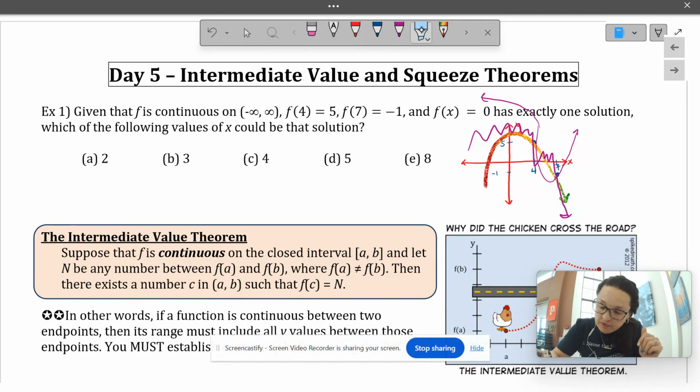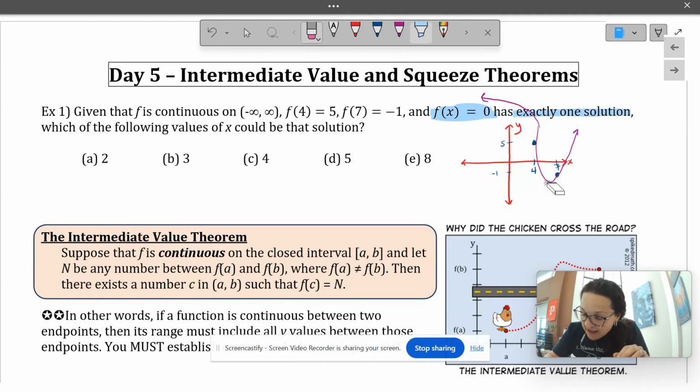Well, there's one piece of information that we haven't talked about yet. It says f of x equals 0 has exactly one solution. In other words, I have to connect those dots so that my function crosses the x-axis. F of x equals 0 means it's on the x-axis. So that it crosses the x-axis exactly one time.